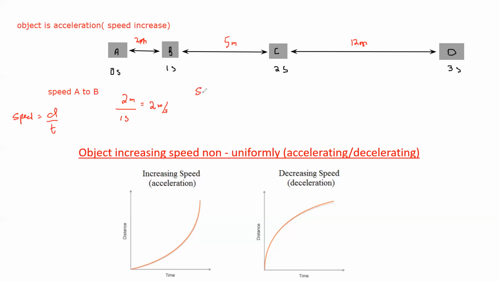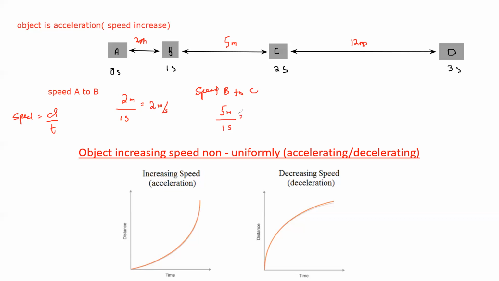But what about the speed from B to C? From position B to position C, the distance traveled is 5 meters, and the time interval is again 1 second.